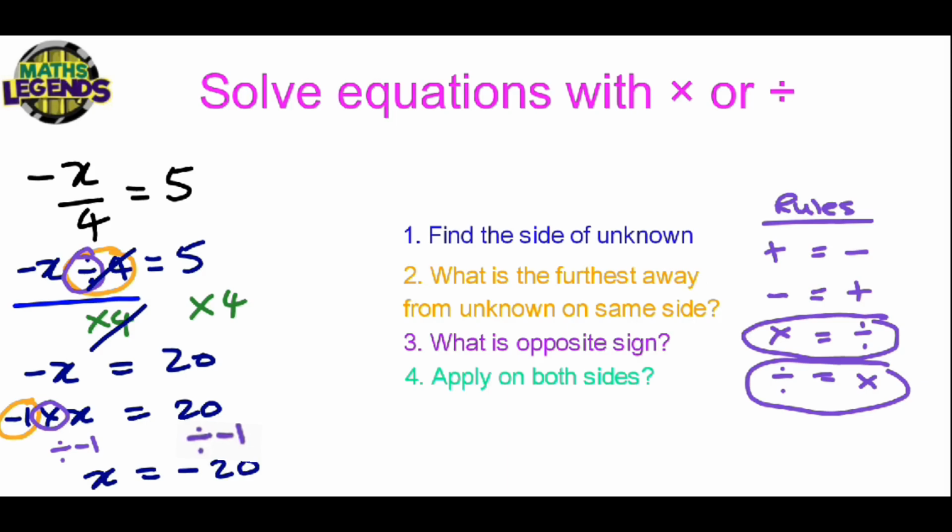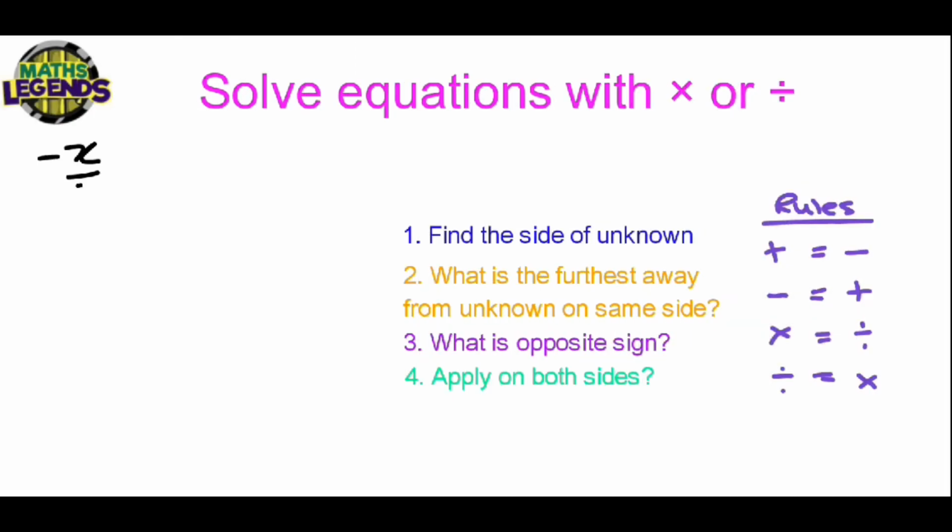Let's look at another example. -x over 2 equal to 3. So here we can rewrite this as -x divided by 2 equal to 3, just like the previous example. So the unknown x is on the left hand side. And again, we have the option of either looking at the divide 2 or the minus because they're next to the x. One is multiplying, one is dividing the x. So we can choose one of them.